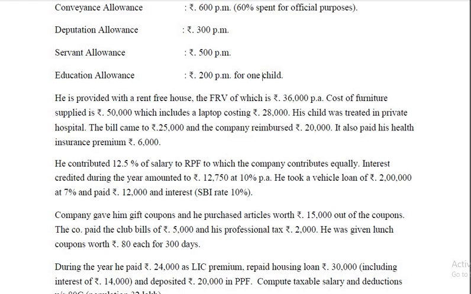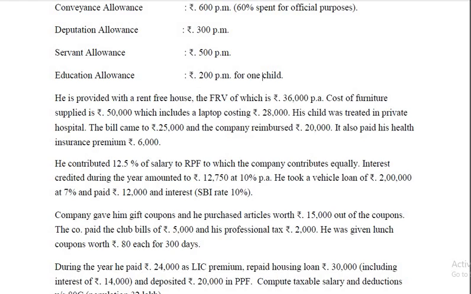And if it is hired, the actual hire cost will be taken as perquisite value. Here only cost is given, that means it is owned. In that case, 50,000 minus 28,000, so 22,000 remains. Of that, 10% is taken as perquisite value.